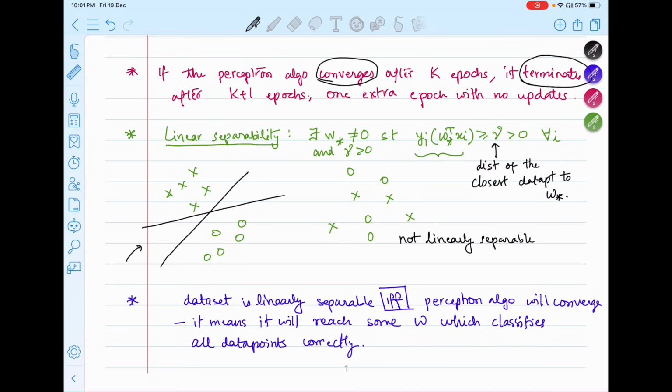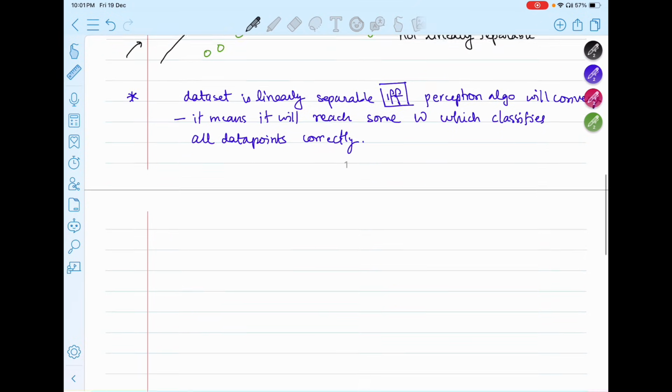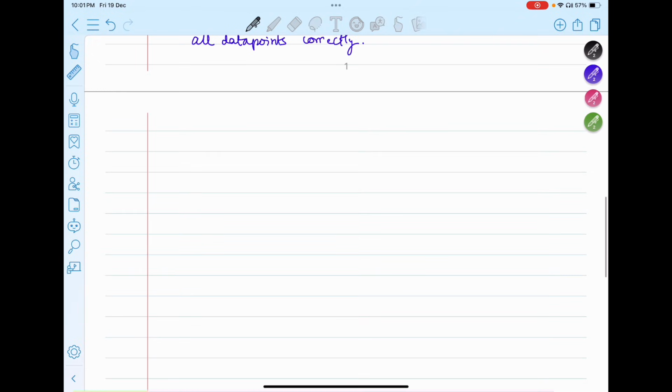One important point in the perceptron algorithm is the proof of the mistake bound. What does it say? It says that you run the perceptron algorithm forever, right?